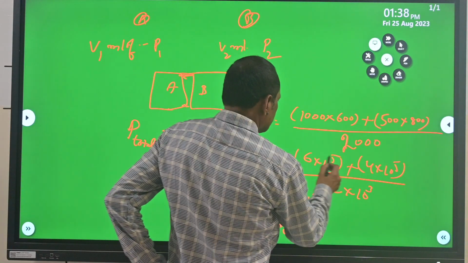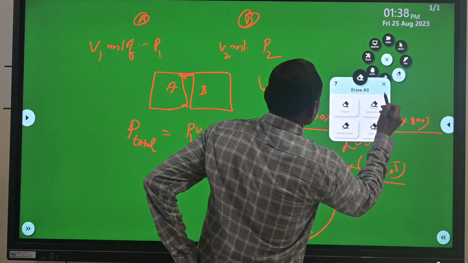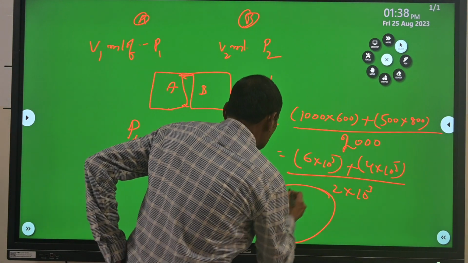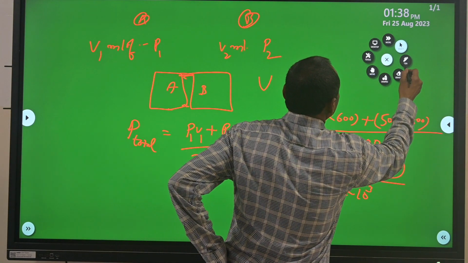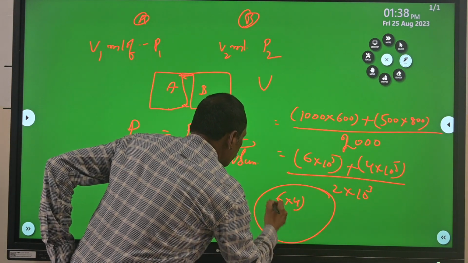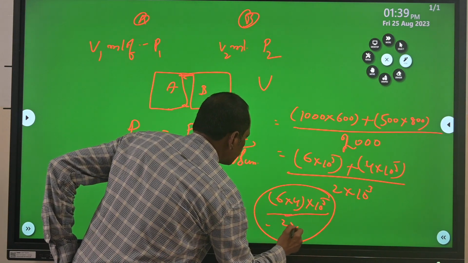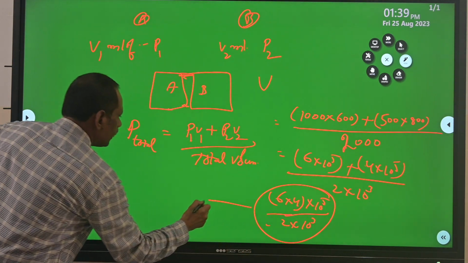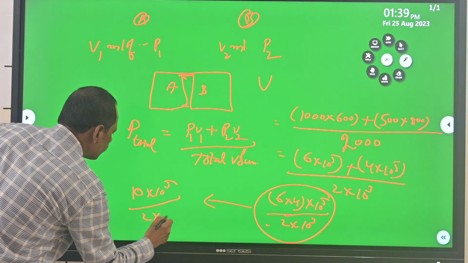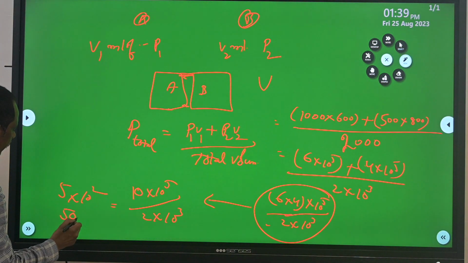Not 300. 6 plus 4 into 10 power 5 by 2 into 10 power 3, that is equal to 10 into 10 power 5 by 2 into 10 power 3, that is equal to 5 into 10 square, or 500 torrs.